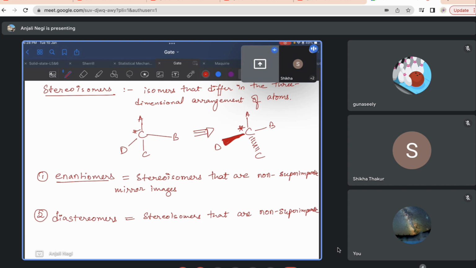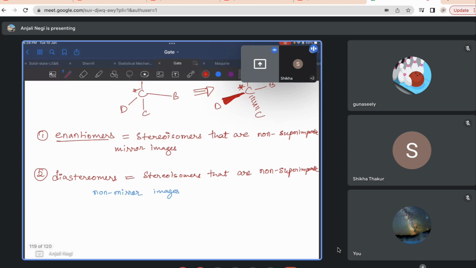The other thing is they are non-mirror images, so basically there will be some opposite configuration at some chiral center.